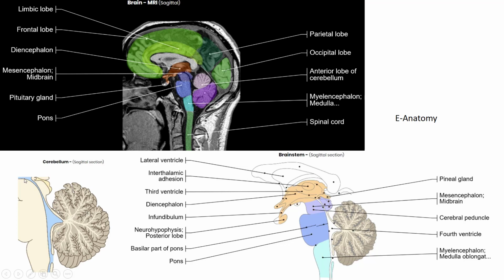You can see just the sylvian aqueduct, fourth ventricle, and then the obex, the opening into the central canal and the brainstem. We've got the cerebral peduncles, the pons, and the medulla, and then the cerebellum in the posterior section. So it's a magnification view that's just a little bit bigger than the other two, and it's a nice one to study from as well.